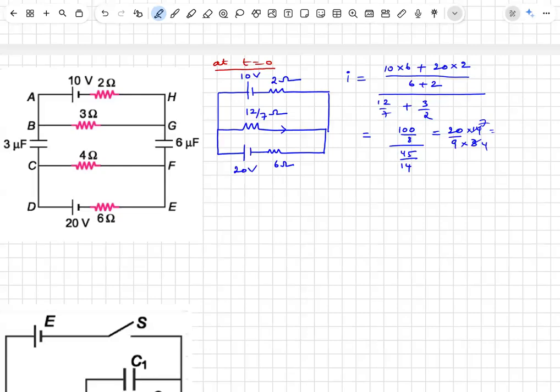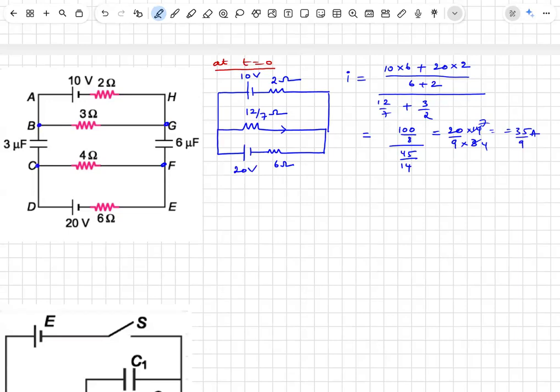That's what I have written, 12 by 7 ohms. Overall, what is the current? 35 by. Now you know the potential drop across the resistor, and the potential drop across these 2 points. That's all, nothing interesting in this.